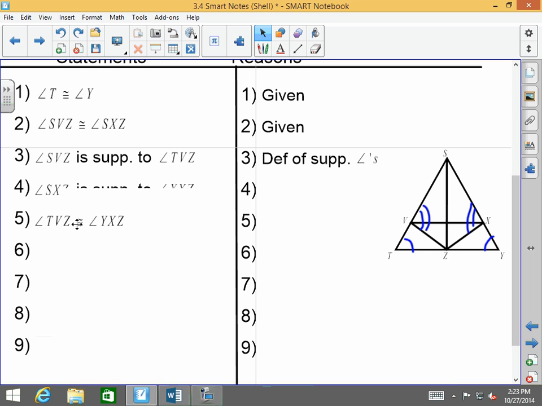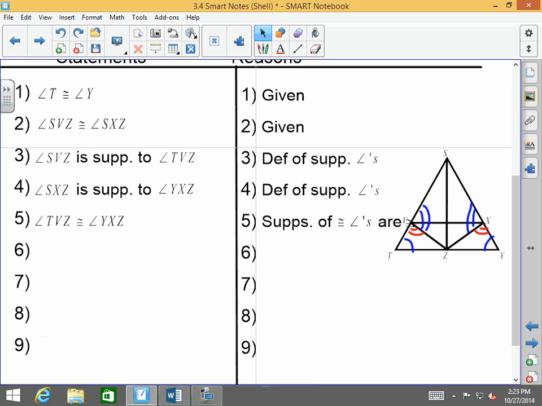Because now I can prove that angle TVZ, which is this guy right here, is congruent to angle YXZ. That makes sense? No, reflexive doesn't play a part here, sir. This is TVZ is congruent to YXZ because supplements of congruent angles are congruent.